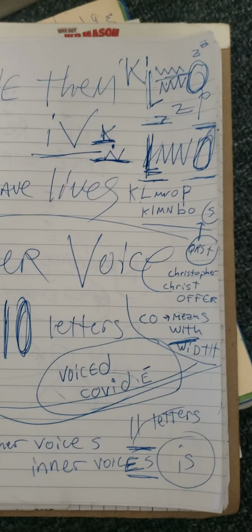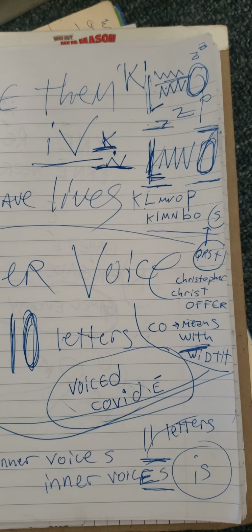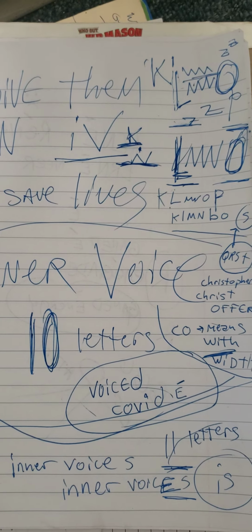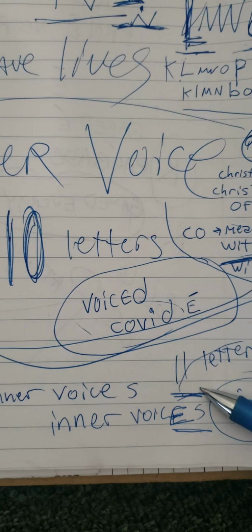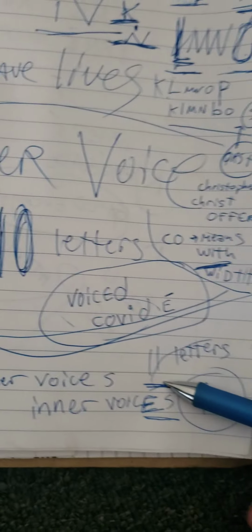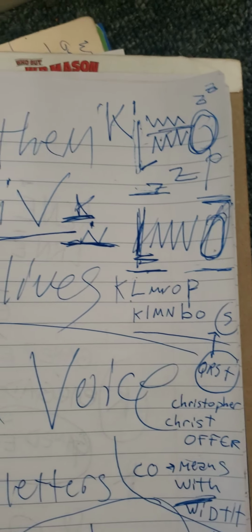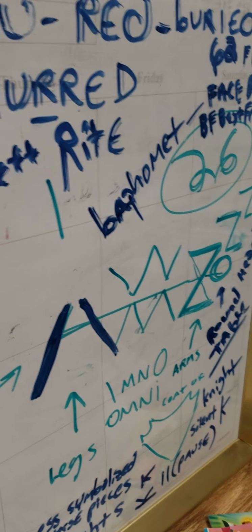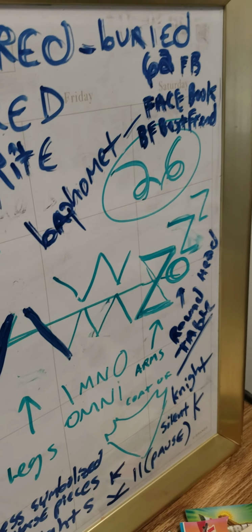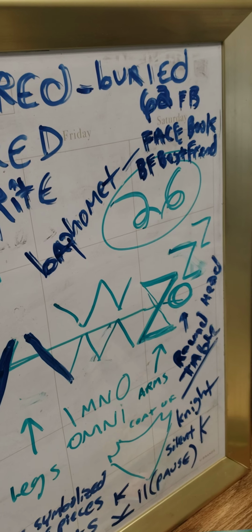So inner voice and inner voices is also inner voice is. So these are just vibrations popping out at me. But I'm tying that also in with the K, because I'm going to bring that into the kneecaps and how the feet. I'm also going to get into B head and D feet and different words, how I see them.